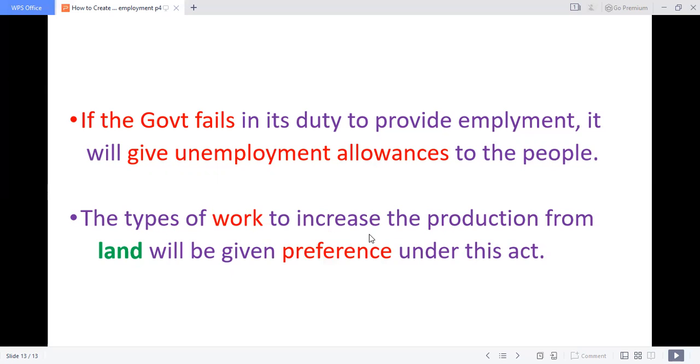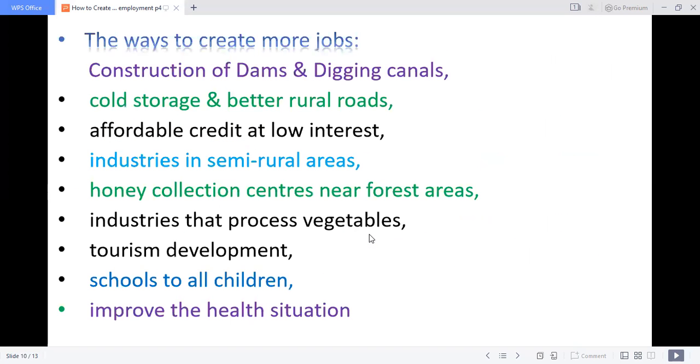Okay. So where can more employment opportunities be created? We can construct new dams, dig canals, and build cold storage facilities to provide employment and secure better prices for farmers. We can build better rural roads and provide affordable credit at a low rate of interest, so that farmers need not spend much of their earnings on moneylenders.